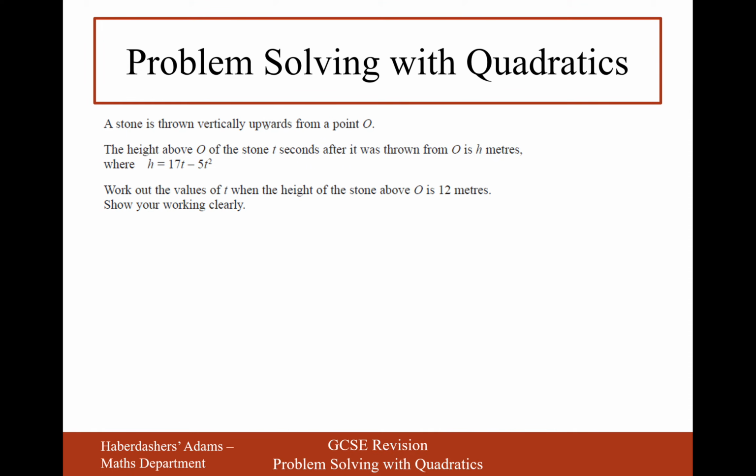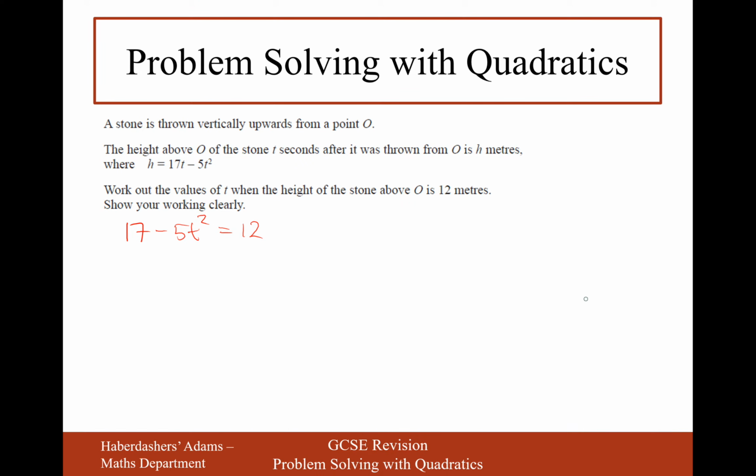Okay, so a stone is thrown vertically upwards from point O. The height above O of the stone t seconds after it is thrown from O is h meters, where h is equal to this equation. Show that the value of t when the height of the stone above O is 12 meters. So I want to solve the equation when the height is equal to 12 meters.